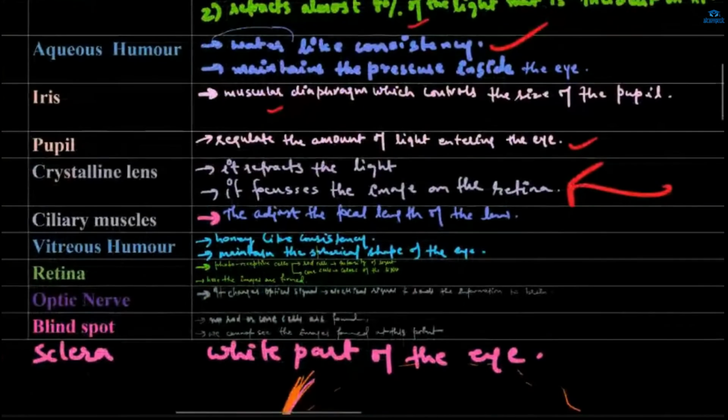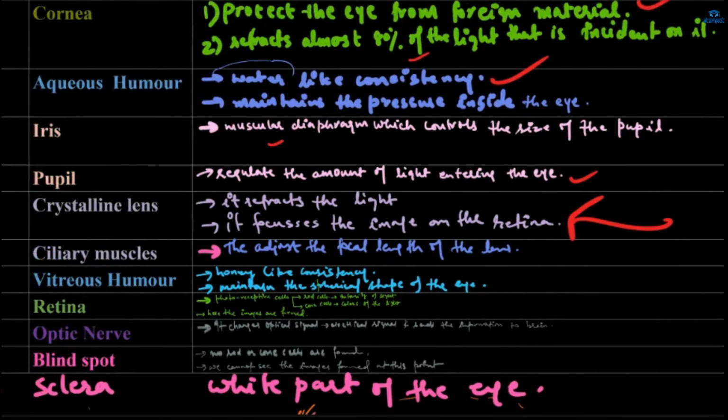Now, after crystalline lens, ciliary muscle and crystalline lens work in pair.